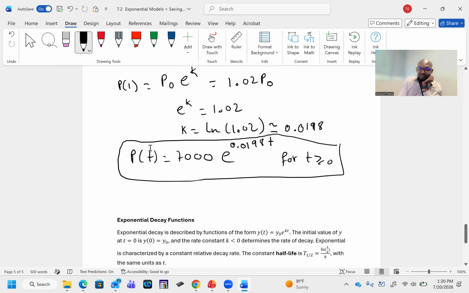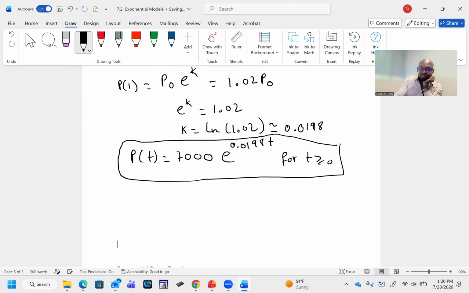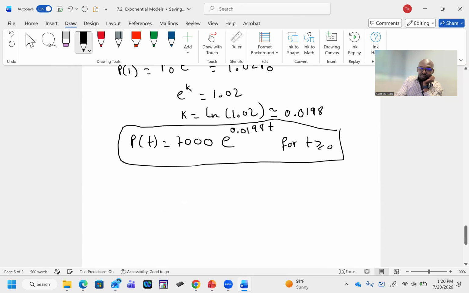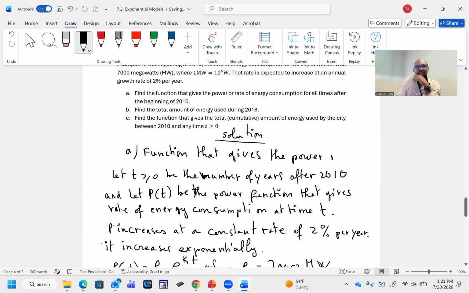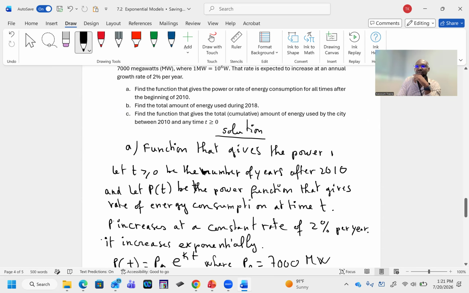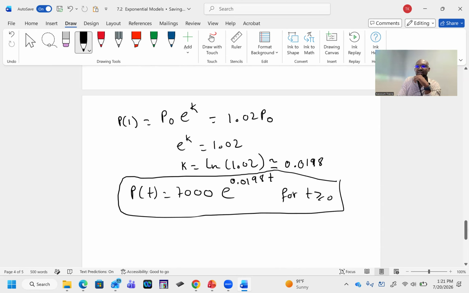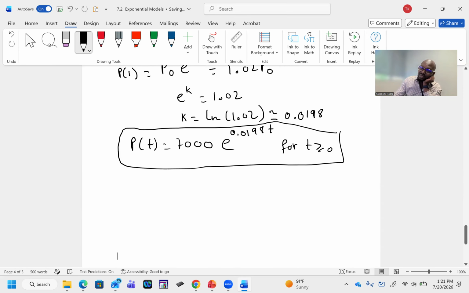Okay, now B. We are asked to find the total amount of energy used during 2018. That's easy. So now B, because we have the power function. 2018 corresponds to what?